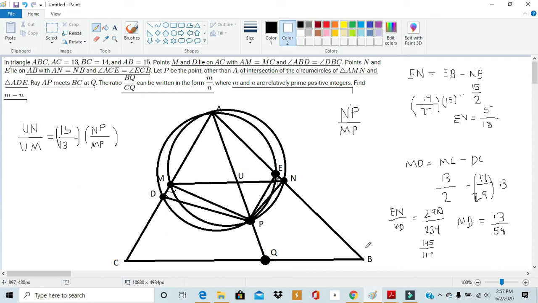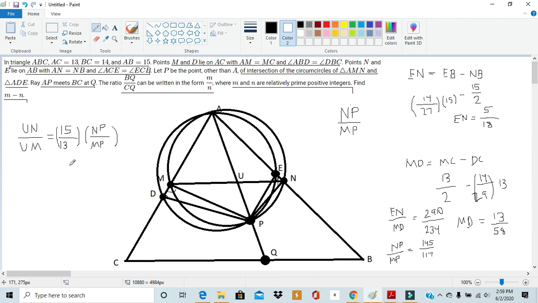So remember, EN over MD was also the ratio between NP over MP. So this 145 over 117 is also equal to NP over MP. So we can substitute this value into this equation to find out what UN over UM is and solve the whole problem.